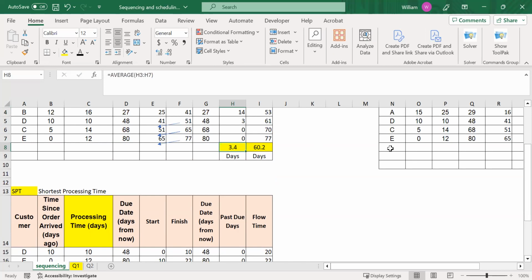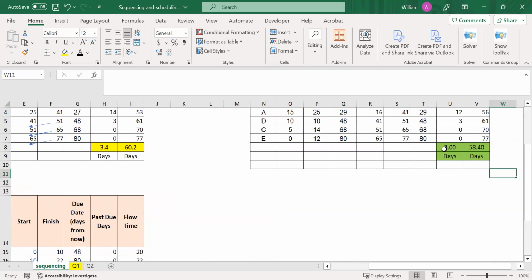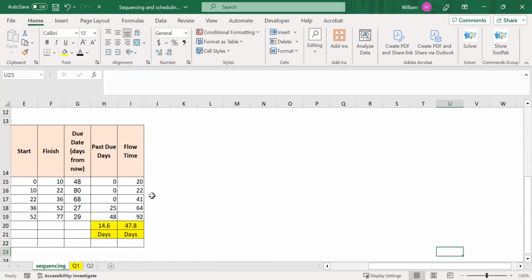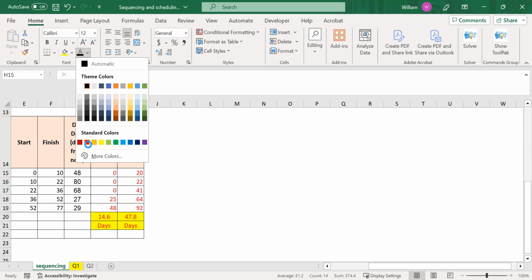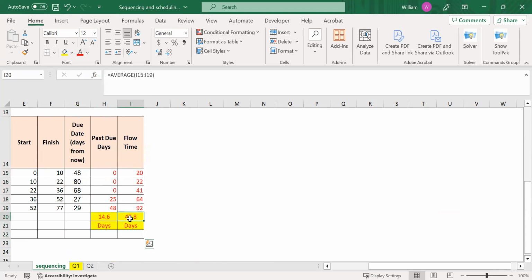And that's also longer than the 3 days that we have on the second approach that we looked at, which was the earliest due date. Okay. So with regards to both flow time and past due dates, this approach here is the worst. Okay. We don't recommend going with this because those customers are going to wait the longest amount of time.